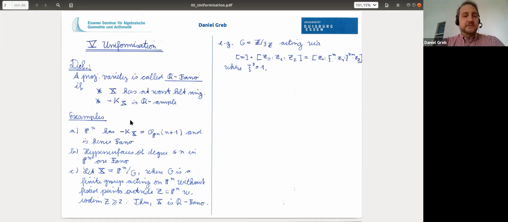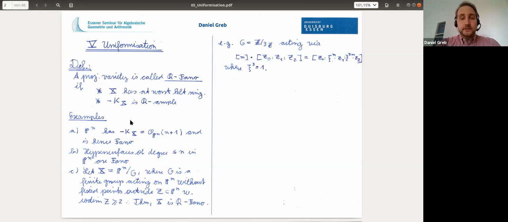Now but I also have singular examples. Every time I have a finite group G sitting inside the projective linear group, acting on P^n without fixed points outside a set of codimension bigger than or equal to 2, then the quotient is Fano.